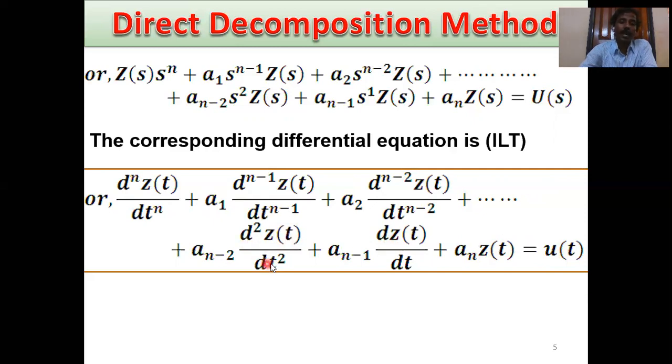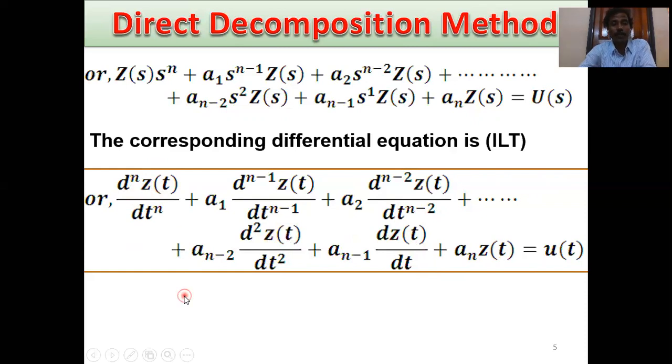So the output always varies. That's why z(t) equals state variable x1, and this is equivalent to x2, this is equivalent to x3, and so on, up to the state variable xn.